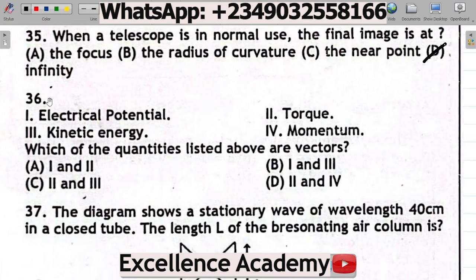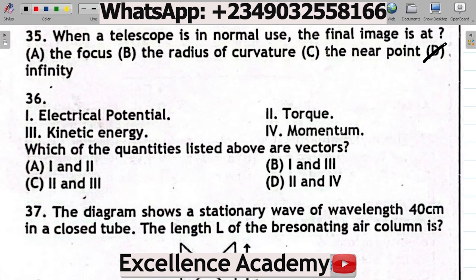Next up, question 36. 36 says I, electrical potential, II, torque, III, kinetic energy, IV, momentum. Which of these quantities listed above are vectors? A, I and II, B, I and III, C, II and III, D, II and IV.